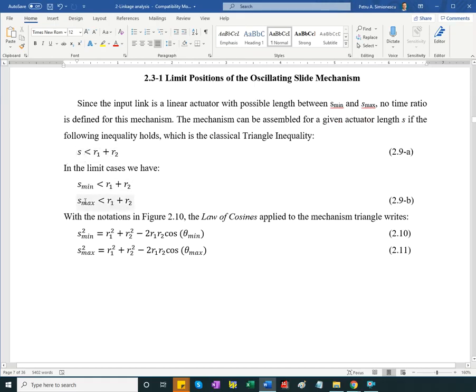Of course, you look at the limit, and actually this one is superfluous. It's only the maximum value that can get closer to the sum of the base and of the rocker length. So I could easily take this out. Again, it's superfluous.